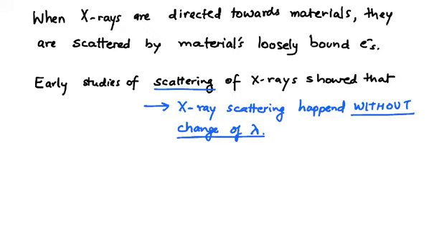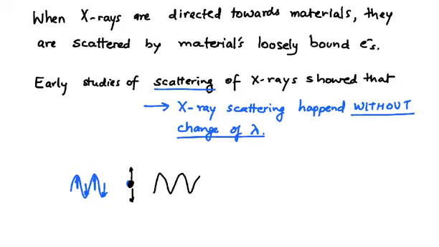The incident wave has an oscillating electric field and magnetic field. Such an oscillating electric field of the incident light causes the charges of the material, for example the loosely bound electrons, to oscillate, and the oscillating charges then radiate secondary waves in various directions.